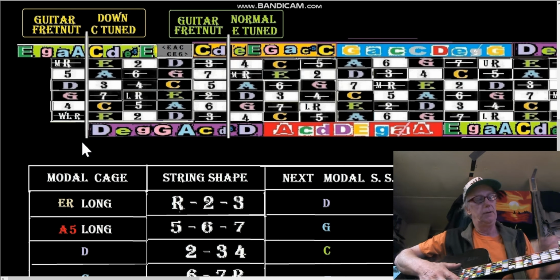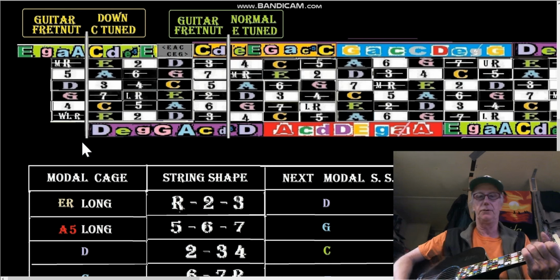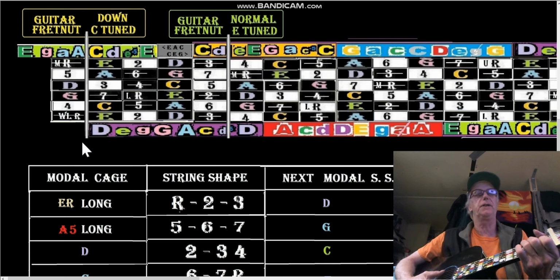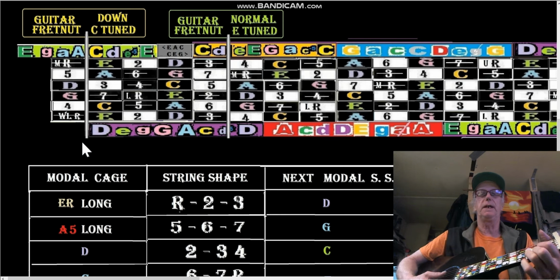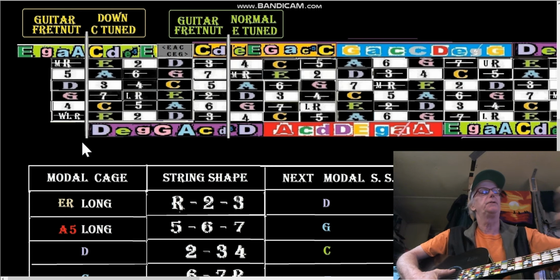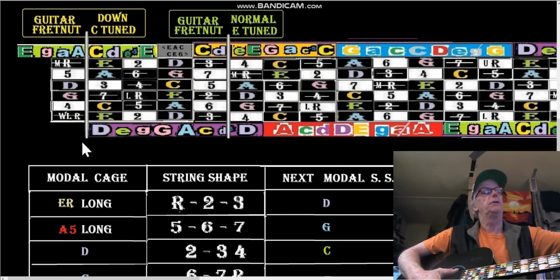That's your basic, so your CAGED keys would be C, A, key of G, key of E, and key of D. They spell the word CAGED, and backwards it's D, E, G, A, and C. So backwards CAGED is important to know.